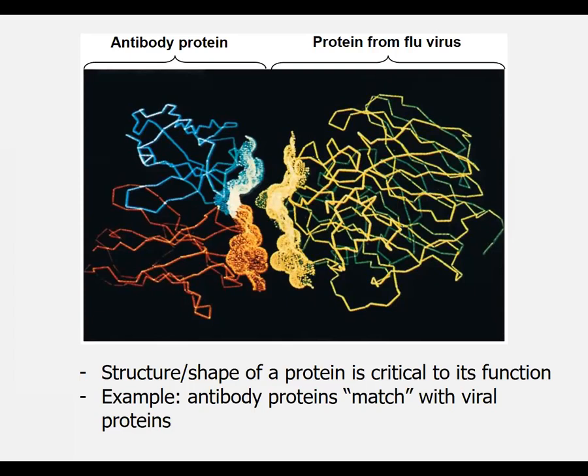So you have the antibody protein, and it matches up shape-wise almost perfectly. It's like puzzle pieces going together. So that antibody can then attack the protein from the flu virus, so it can't replicate anymore in your body and make you sicker. So here is another example where the structure and the shape of proteins is really critical to their functioning.